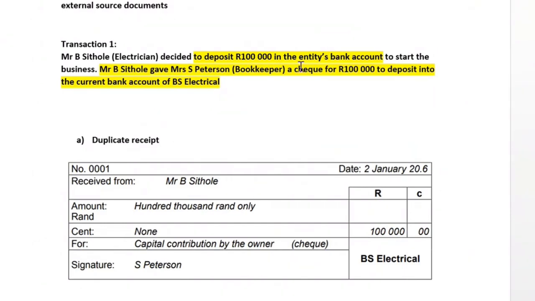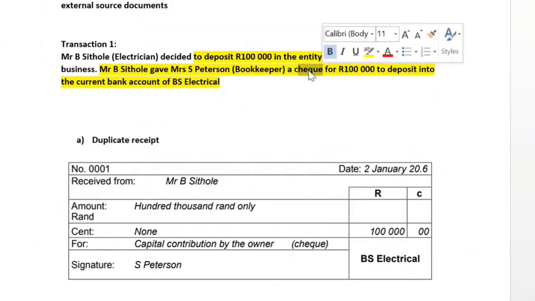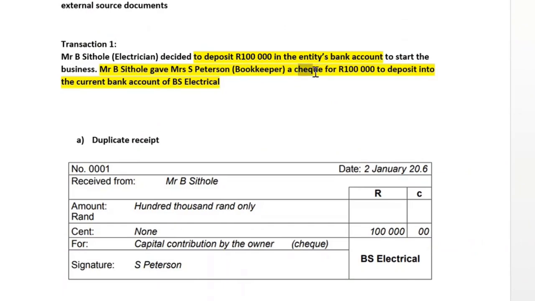The question is, why are we not including this check as a source document? We're not including this check because it comes from his personal bank account.